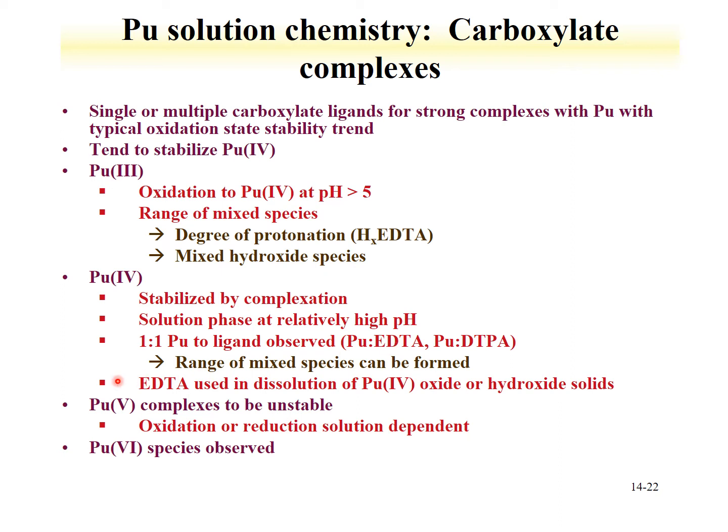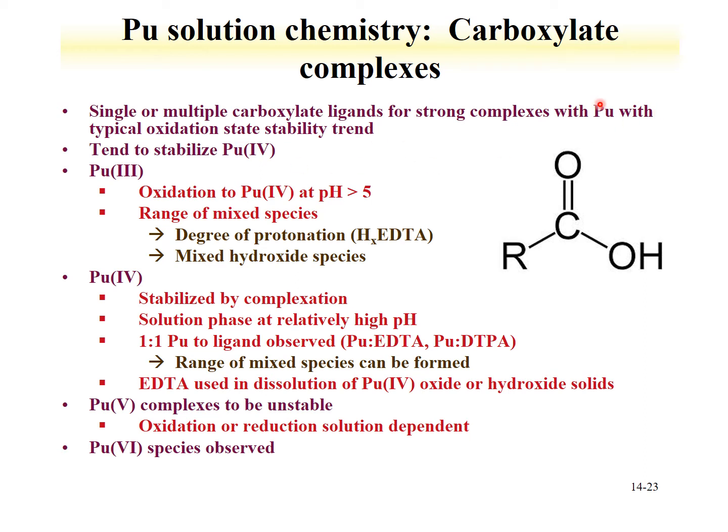Plutonium-5 compounds with carboxylic based ligands tend to be unstable, and they'll undergo oxidation or reduction depending upon the solution conditions, and the plutonium-6 species have been observed. Plutonium carboxylate complexes, these organic acids, are also very important species for the nuclear fuel cycle.